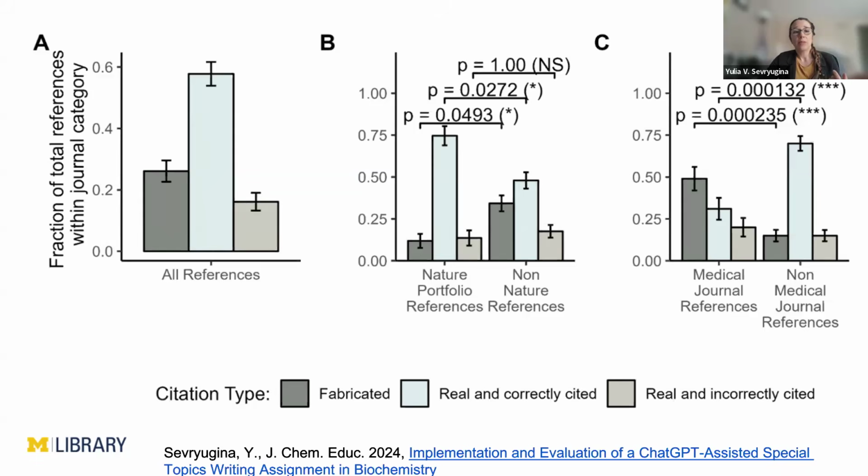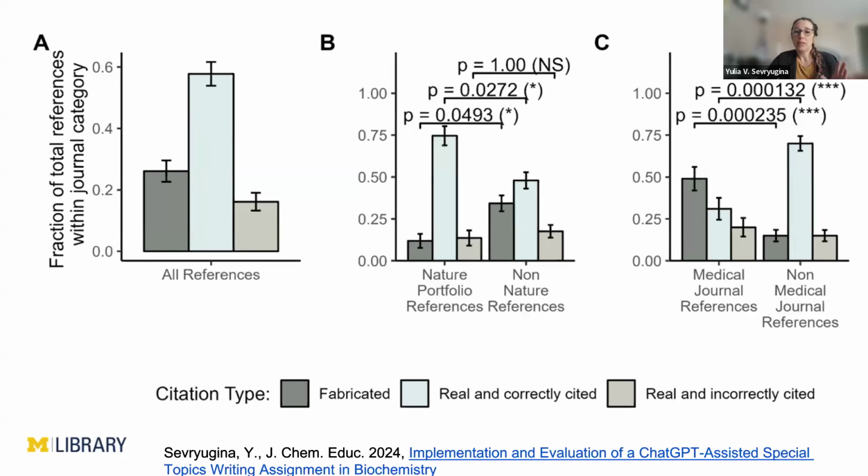And we found that maybe only 60% of them were existing and correct references. Then maybe 20% or 18% had some sort of errors or mistakes. And around 30% of them were completely fabricated, non-existent references.